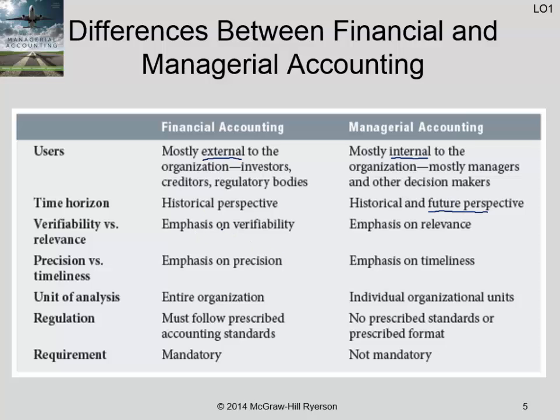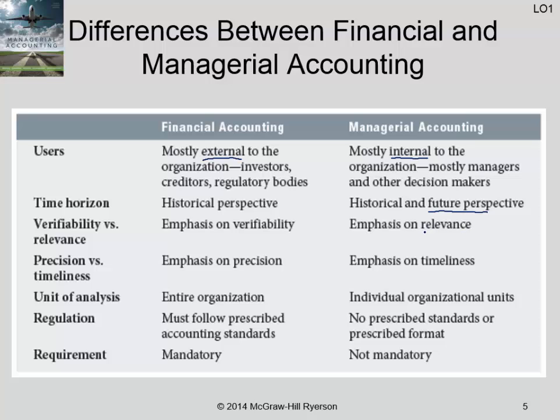Financial accounting has an emphasis on verifiability. In other words, how accurate is it? And we have that whole structure of GAAP to guide us, not necessarily in terms of accuracy per se, but in terms of a consistent approach to how to do things. Whereas management accounting is a lot of the time the 80% solution.